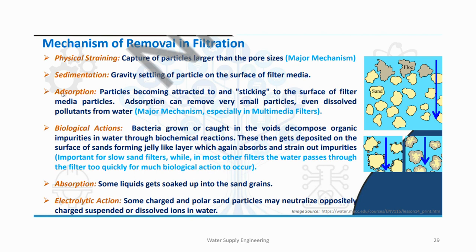So this is actually what is happening in slow sand filters, and that is why we are removing the first 20 to 30 mm thickness when we are cleaning slow sand filters. We are actually cleaning off these biological films that have been formed over the filter bed.